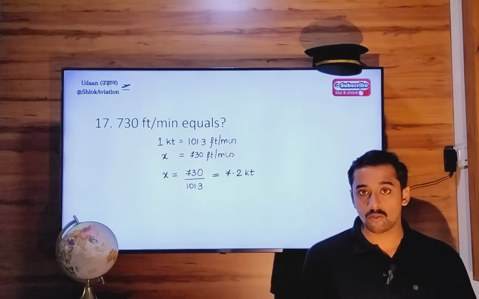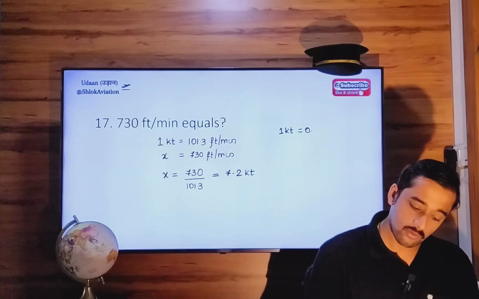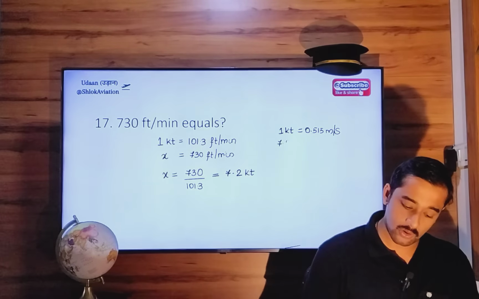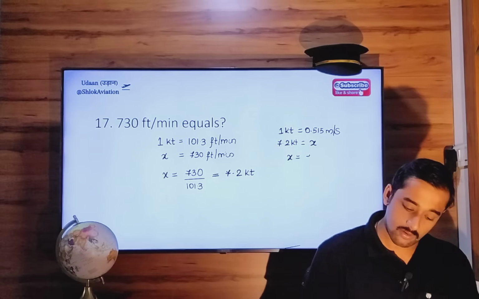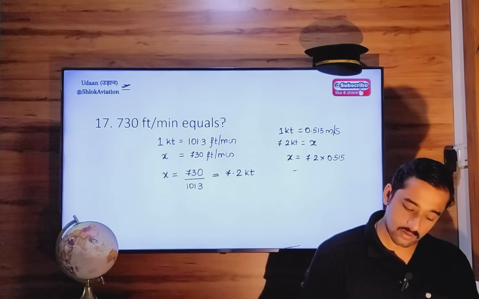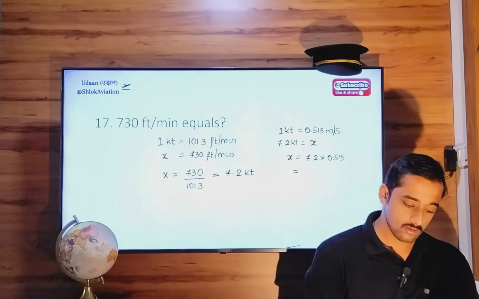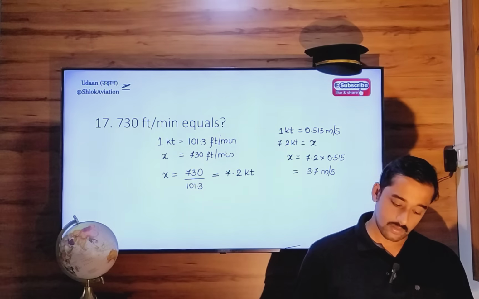Now convert this into meter per second. 1 knot equals 0.515 meter per second. So 7.2 knots will be equal to 7.2 into 0.515, 3.7 meter per second. Okay.